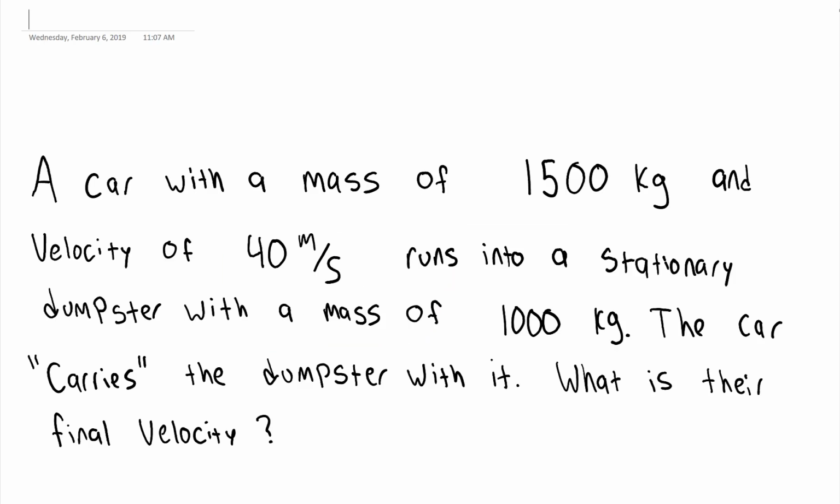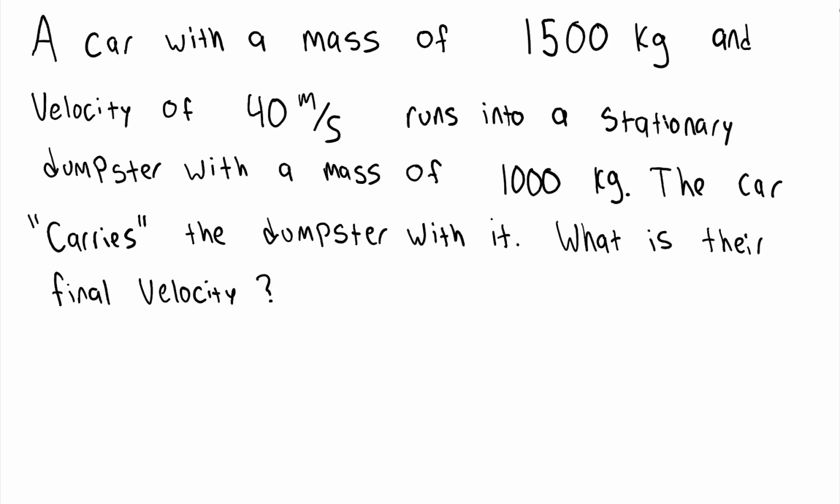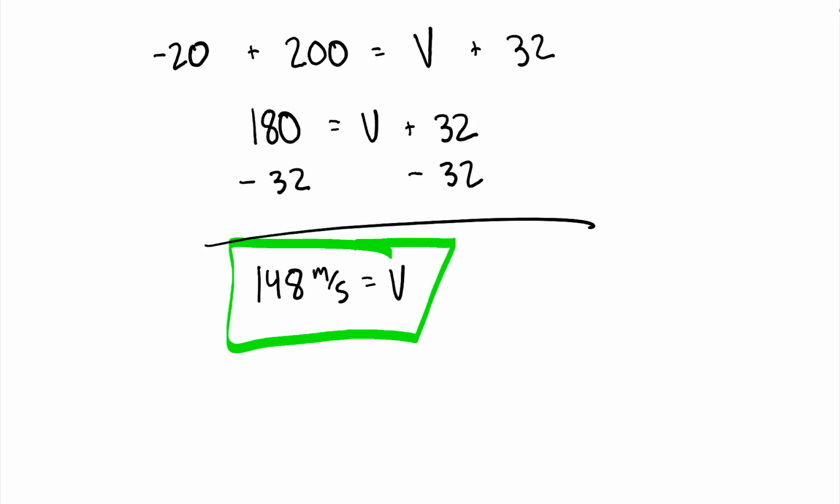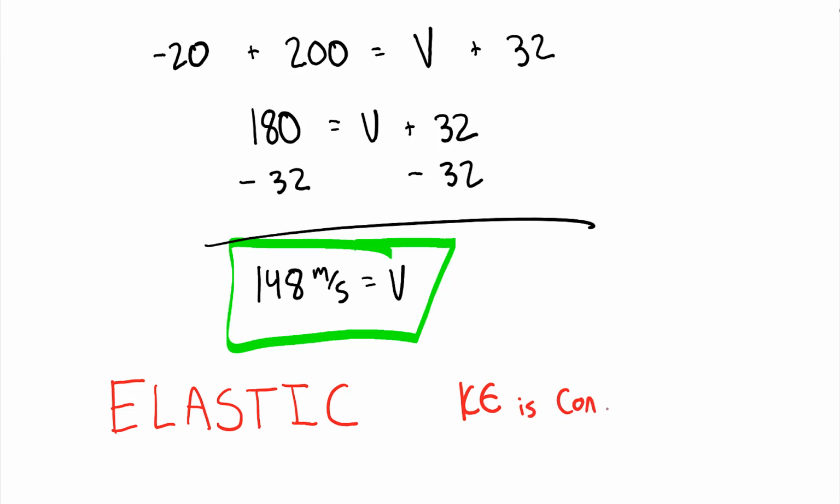So other kinds of questions I can ask you are when two things stick together, or they carry things along with them. So this thing that we did at the beginning, where they bounce, these are called elastic collisions. And the reason why elastic collisions bounce is because in elastic collisions, the kinetic energy is conserved, which doesn't always happen. Energy is always conserved, but not always kinetic energy.